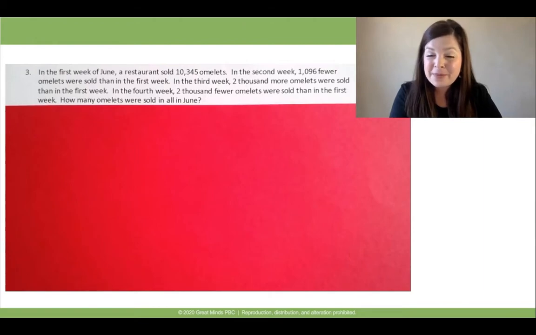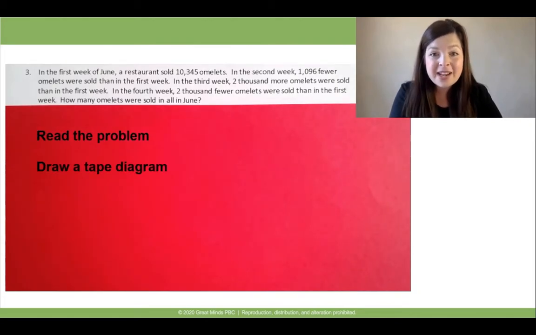Let's move on to problem 3. In a moment, I'll ask you to pause the video and use the RDW process yourself to solve the problem. But first, let's review what you'll do. First, you'll read the problem and you'll draw a tape diagram to represent what's happening in the problem. Remember that you can go back and reread as you need to help you to draw the tape diagram.